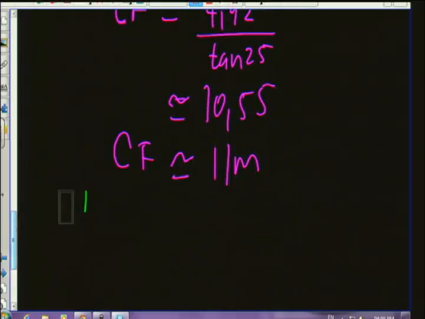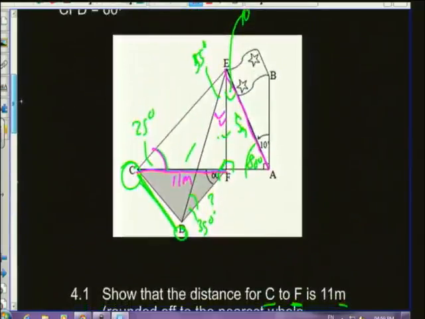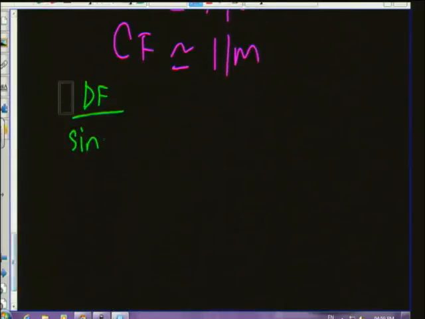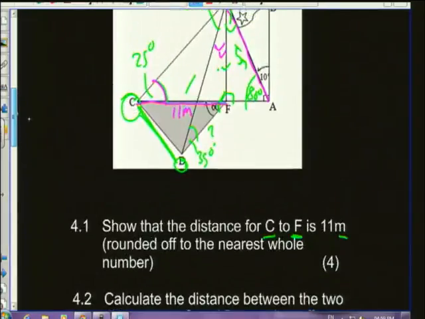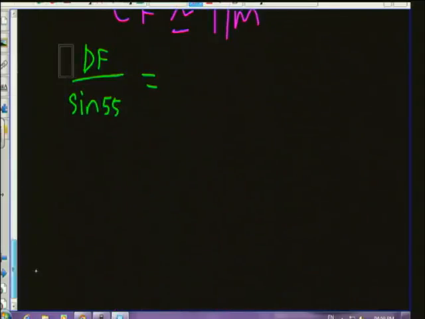So I'm going to say DF divided by sine of. Now, what's the angle opposite DF? It's 55. So it's sine 55 equals. Now, we have 4.92 and the 35. So you've got 4.92 divided by sine 35.